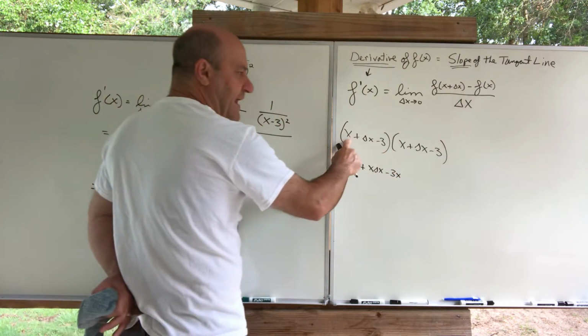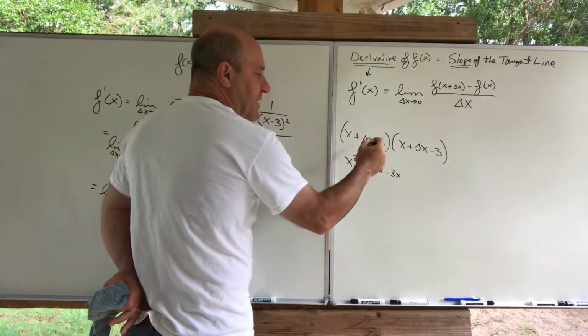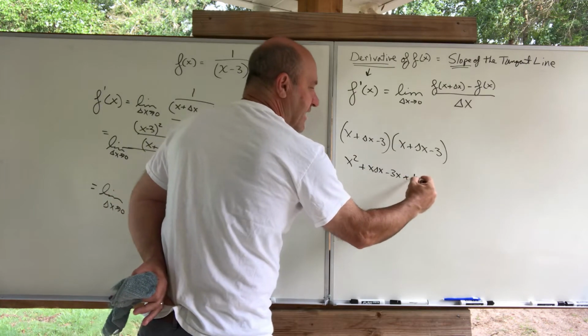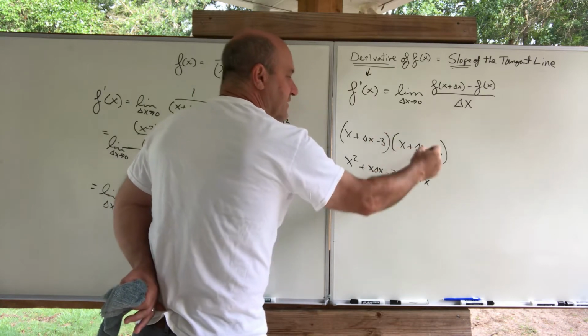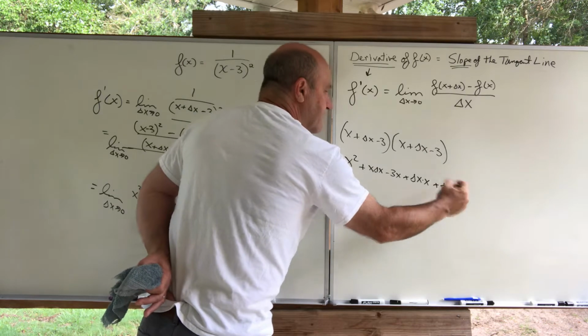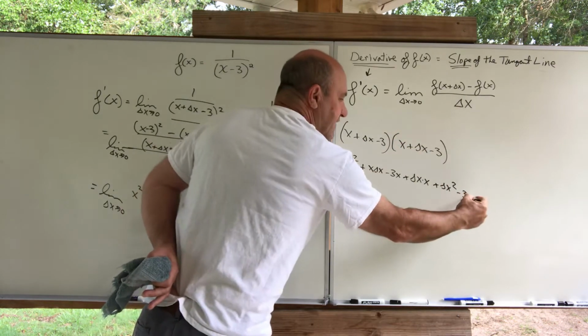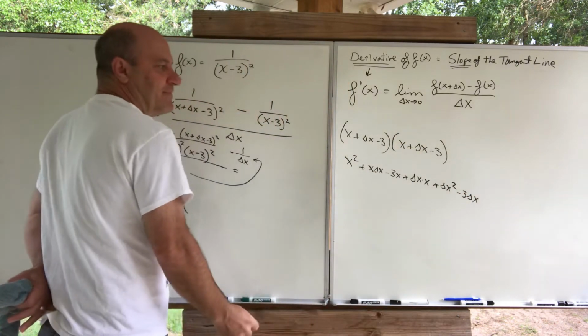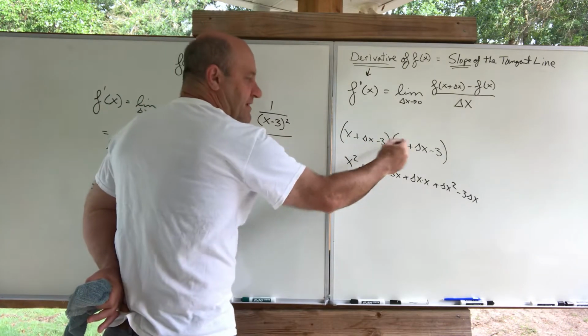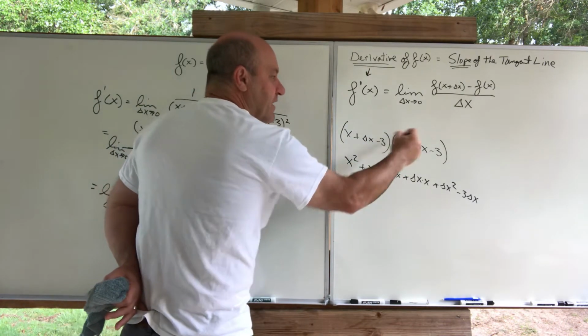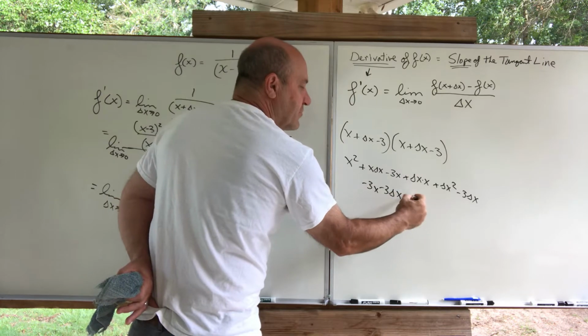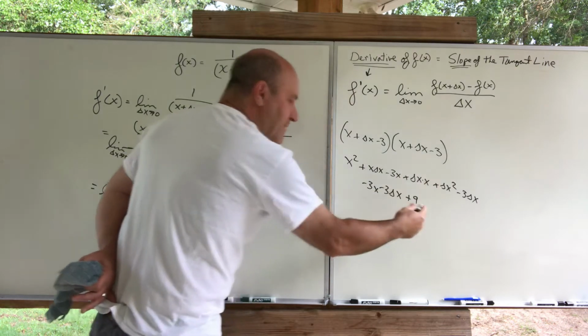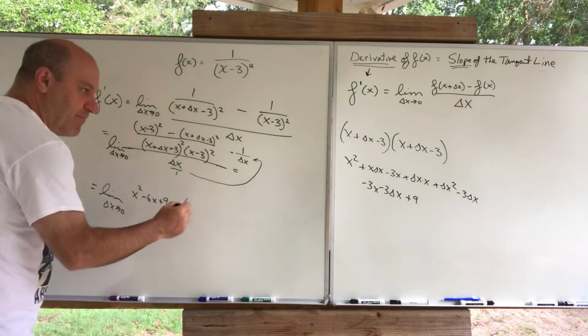So I just multiplied x times everybody. Let's multiply delta x. Okay, there's a delta x times x. There's a delta x squared. There's a negative 3 delta x. Wow. Let's multiply the negative 3 times: negative 3x, negative 3 delta x, and a plus 9. If I gather my like terms together, here I'm moving back over here.